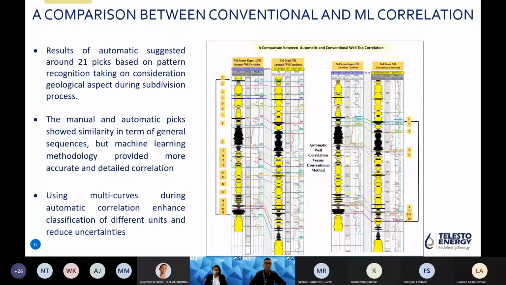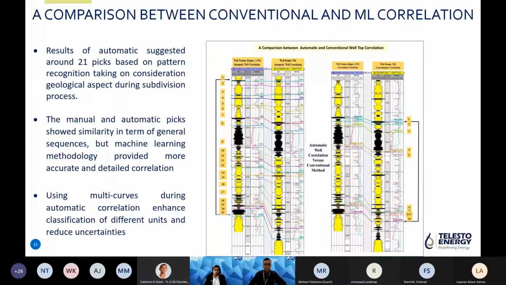The comparison between conventional well tops picked, what you see on the two wells on the right-hand side, and a similar comparison with well tops picked using automated well correlation. So what you can see is in the conventional approach, there were 10 tops picked.